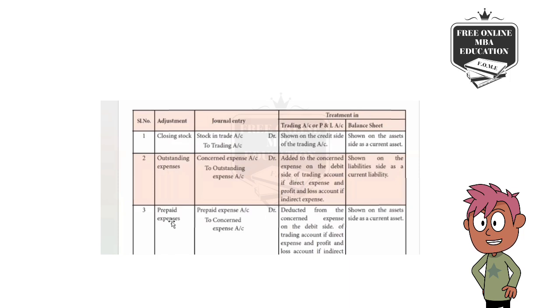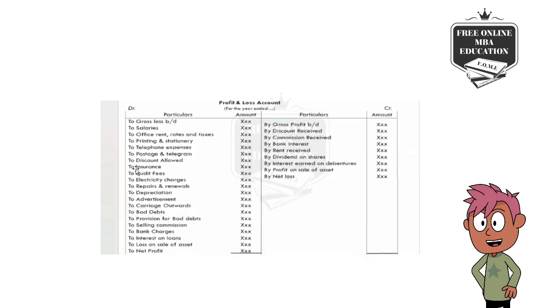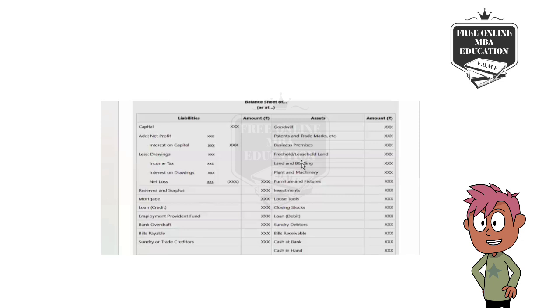Prior, we have paid that particular amount. So from insurance, we are going to minus this prepaid amount, because that amount we were supposed to pay in the next financial year, which we paid in this financial year, which shouldn't be there actually. So we are going to minus this from the insurance, and we are going to add the next effect to the asset side as prepaid insurance.